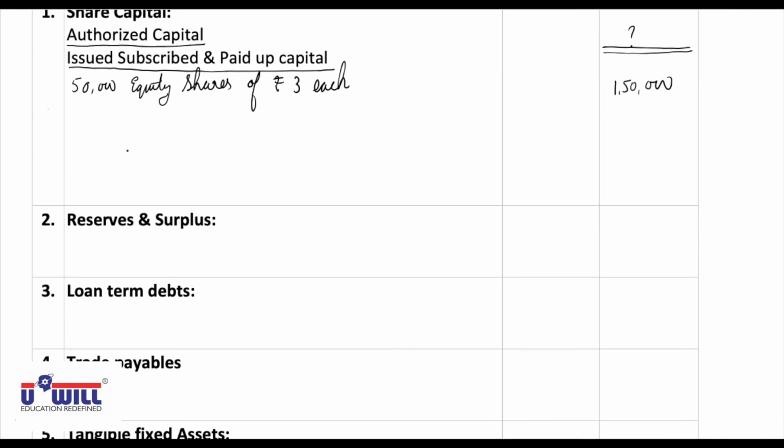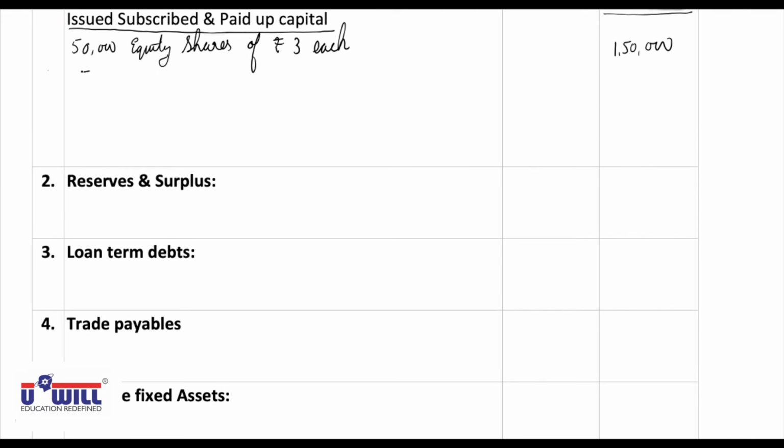All of you write down 5,000 7% preference shares. From 6%, you can see in adjustment 1 they are converted to 7% of rupees 50 each. Now the new face value in the first adjustment is 50 each. So 5,000 into 50, 2,50,000. And disclosure will come of the above.